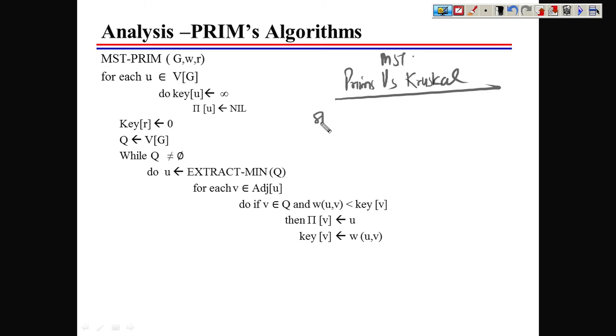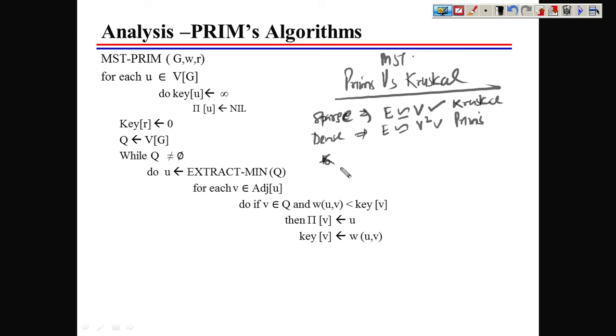In a sparse graph, E is almost equal to the number of vertices, but in a dense graph, E is almost equal to V square. Keeping this in mind, we can conclude that Kruskal is good when we have a sparse graph. For the sparse graph Kruskal's method is good, and for the dense graph Prim's method is suggested.